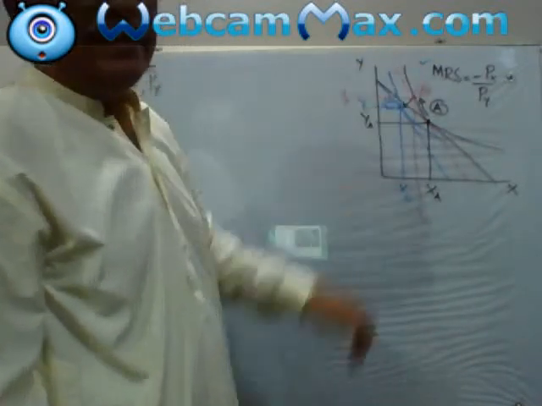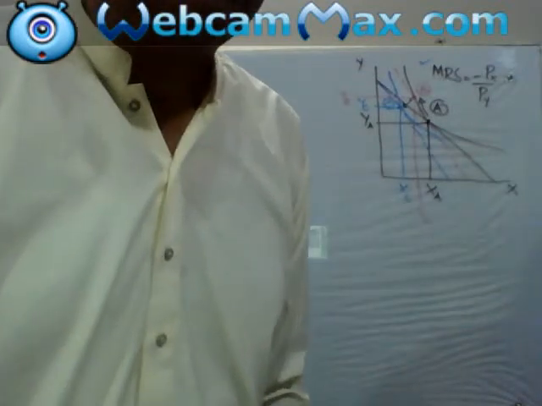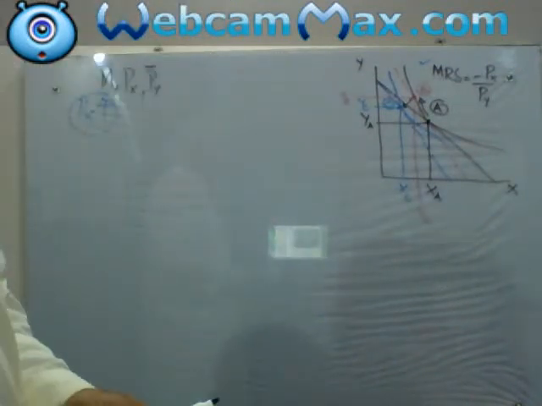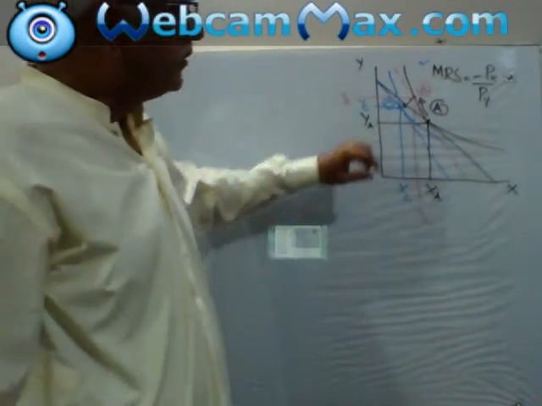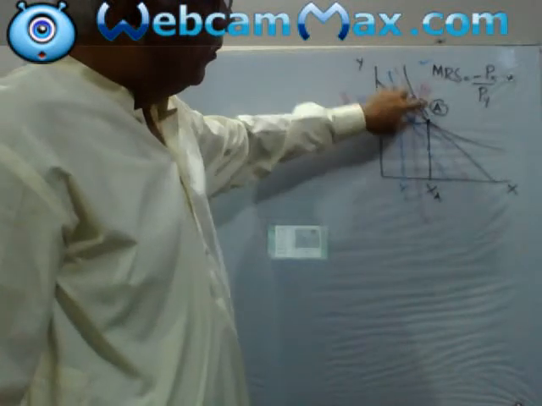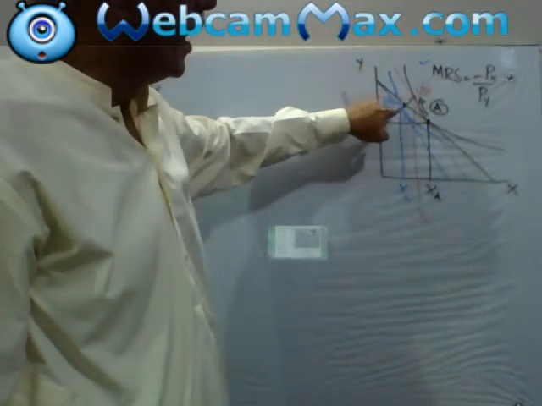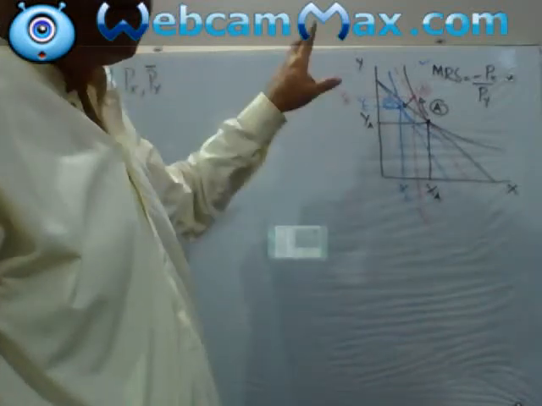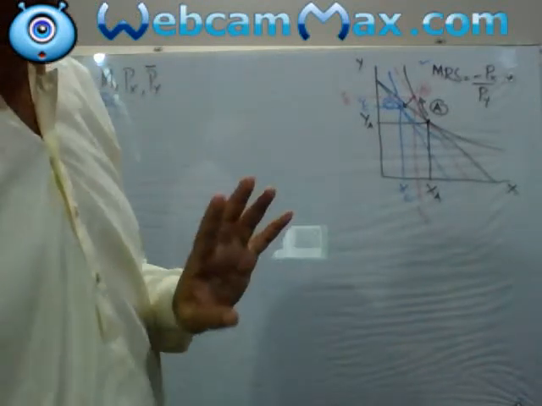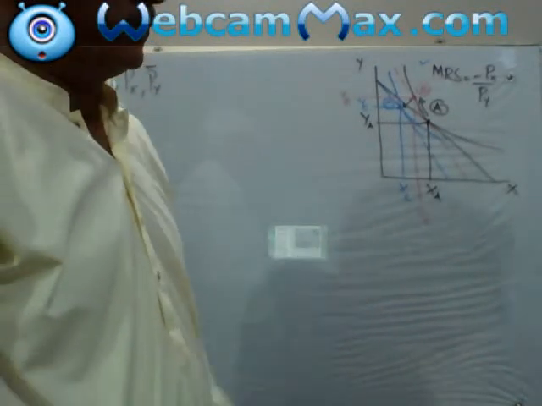Point B to C is the income effect, and you can notice that B and C are drawn on budget lines, which are red and blue, which are parallel. It means the price ratio is constant, the slopes are constant.